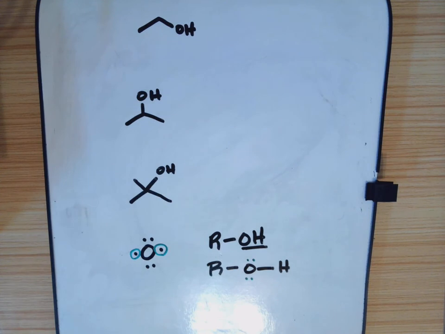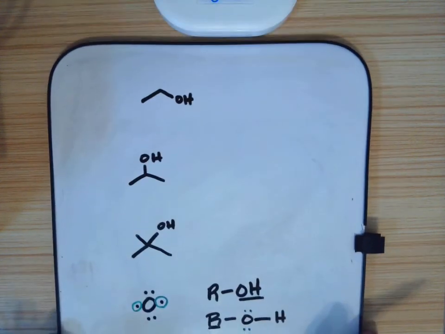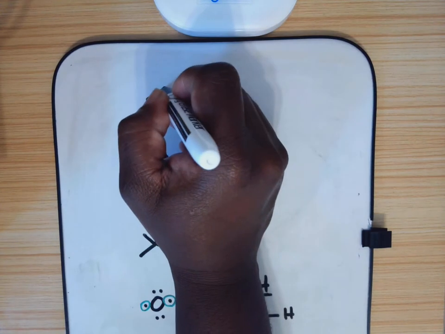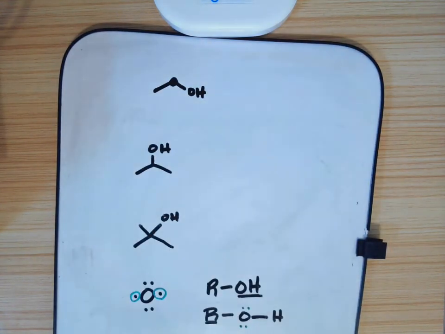So when we're determining primary, secondary, or tertiary, we can't just look at how many carbon atoms are bonded to the oxygen, because it's always going to be bonded to only 1 carbon. Instead, we have to look at what's called the alcoholic carbon, so that carbon that is directly bonded to it. So if we look at this very first one, we have our alcohol functional group, that OH group. Identify the alcoholic carbon. It is referred to that because this is the carbon where the hydroxyl, so the alcohol functional group, is directly bonded.